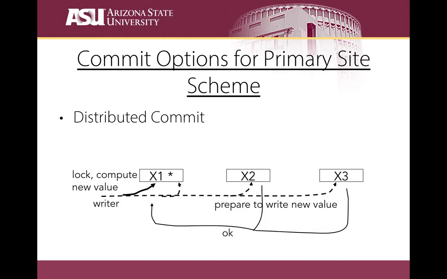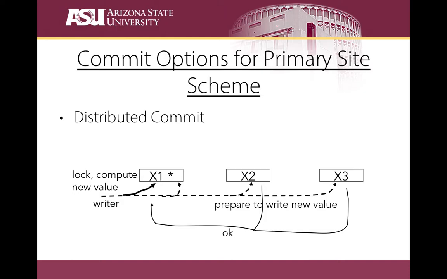a distributed commit approach. And in the distributed commit, even though you didn't lock X2 and X3, you received a signal from them that yes, I got the propagated value.